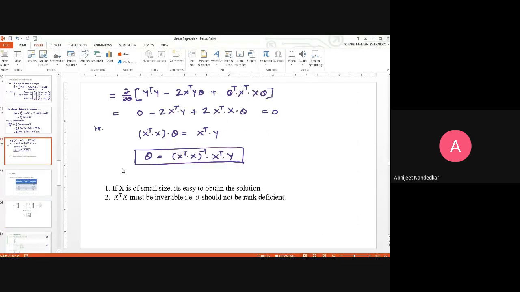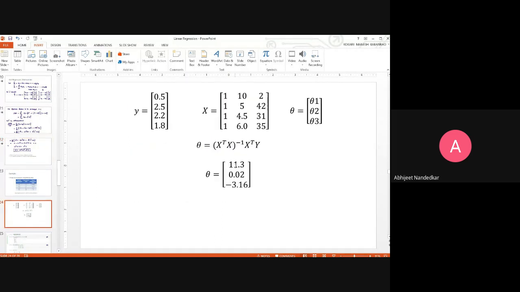Now from derivation I know that theta is x transpose x inverse x transpose y. So if I do this with the help of any software, I can easily find out the value of theta. So I have to check this value because there was some problem here. I will tell you the value next time, or you can even try for this.